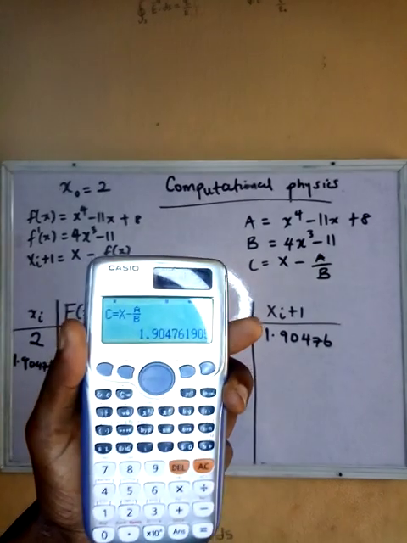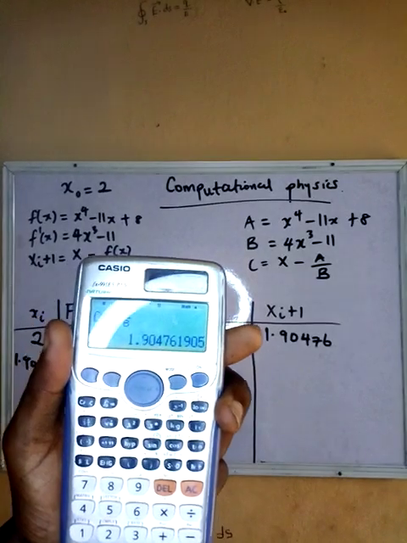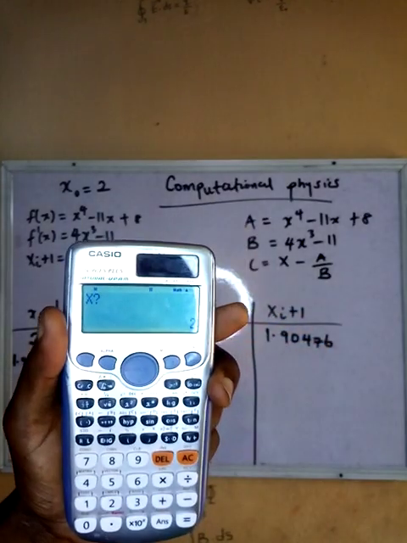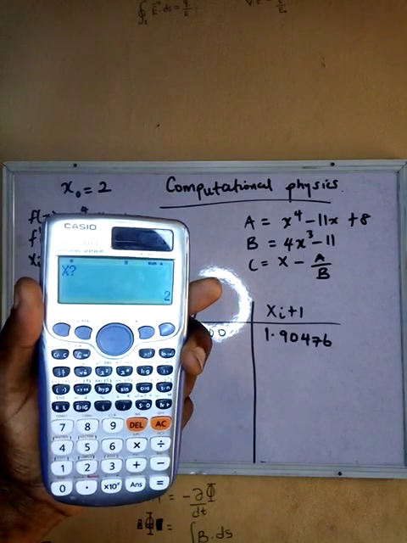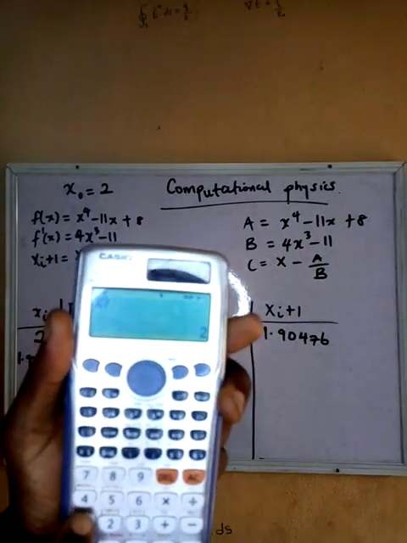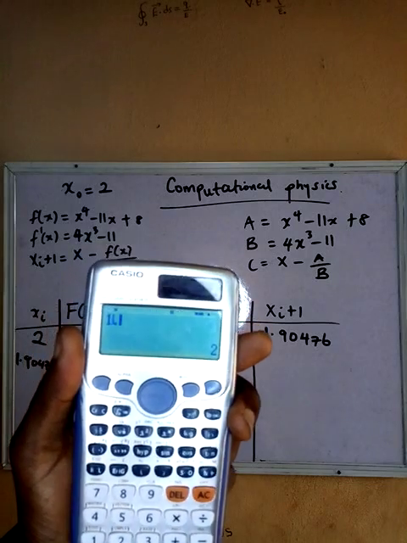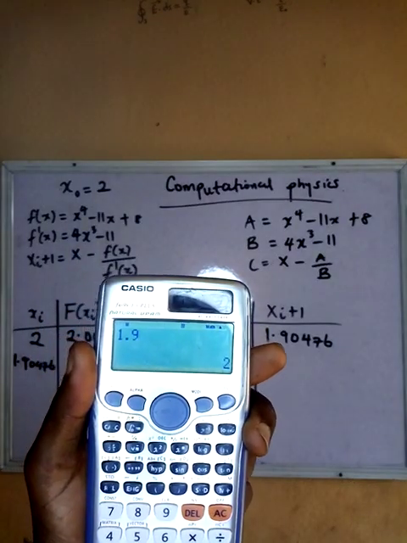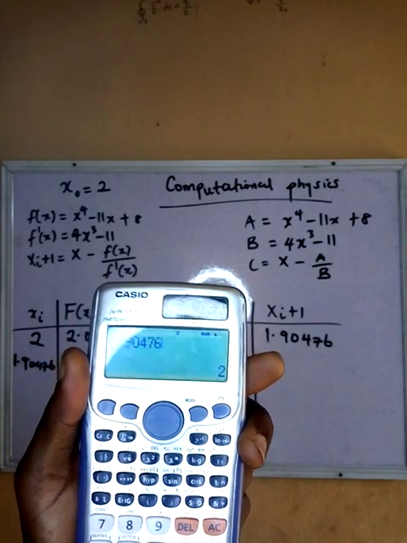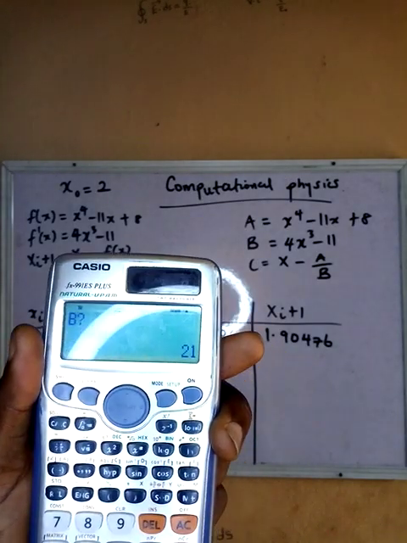In order to insert it here, if you press the equality sign, it will ask you what is the value of x that we need to input. So instead of 2, we are going to input the first answer we got, 1.90476. Then you press equal to. It's going to return the answer.